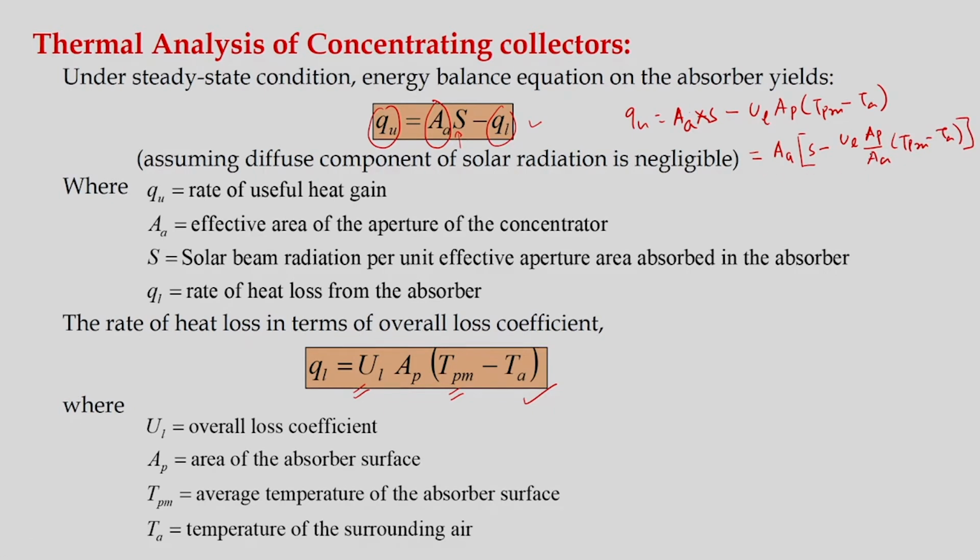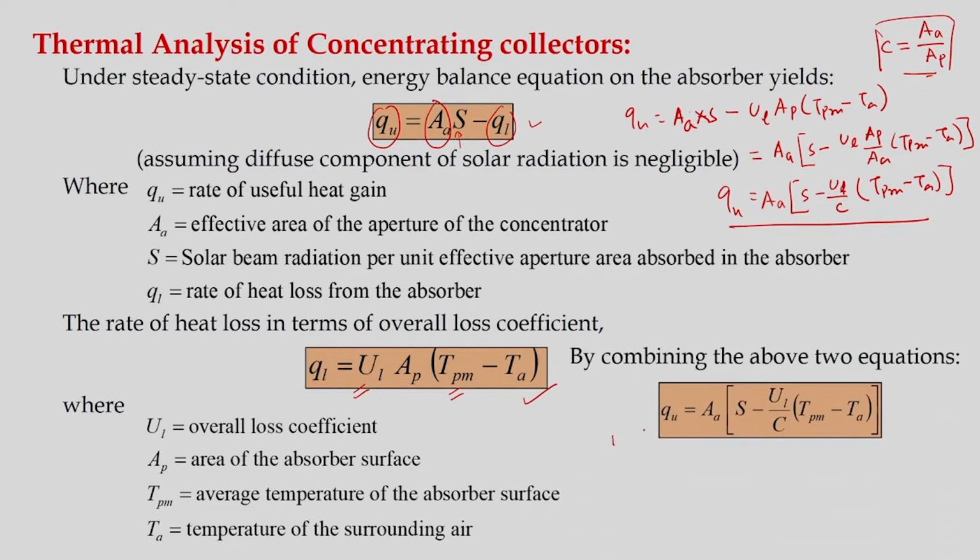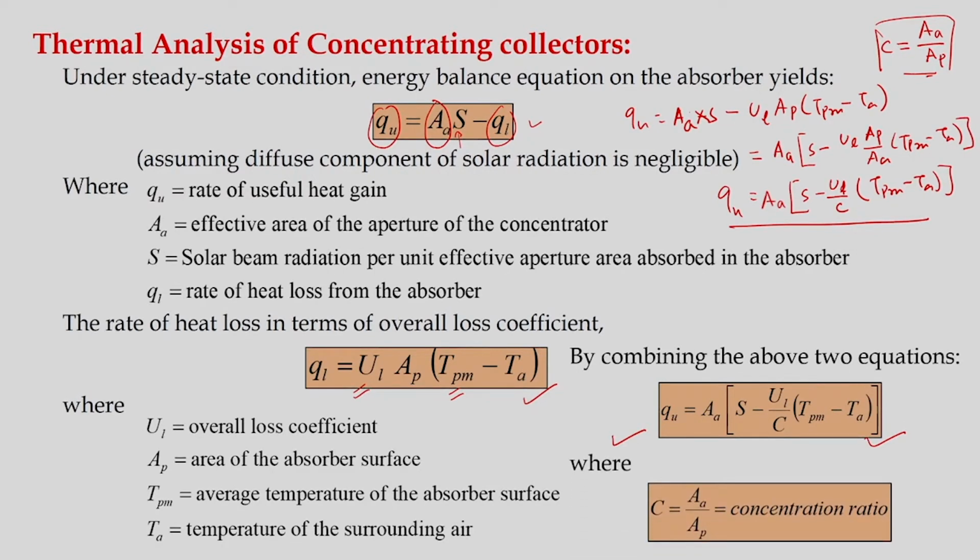So, we can define concentration ratio now. Already we know what the concentration ratio is: aperture area to the absorber area, right. So, this will be 1 by C, right. So, Q_u will be A_a (S minus U_L by C (T_pm minus T_a)). Okay. So, this will be the useful heat gain, right. So, that is how we can write this expression: A_a multiplied by (S minus U_L by C (T_pm minus T_a)), right, and C is the concentration ratio.